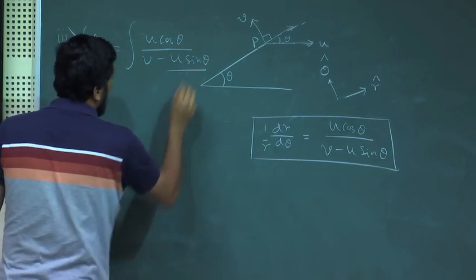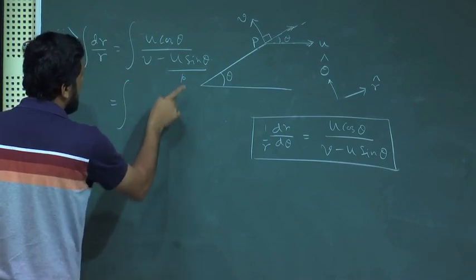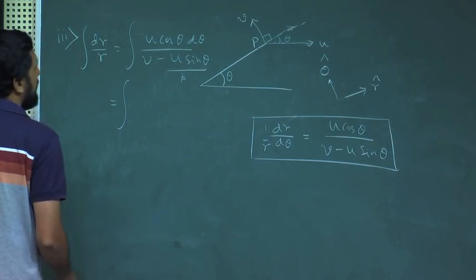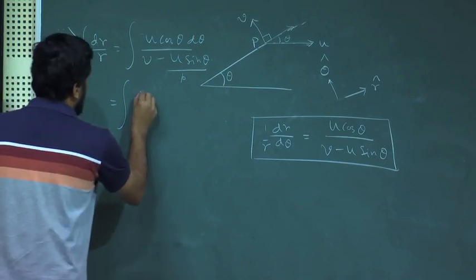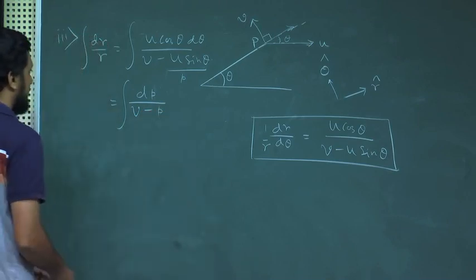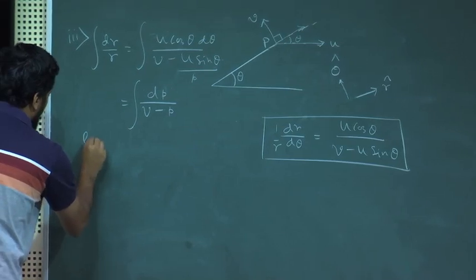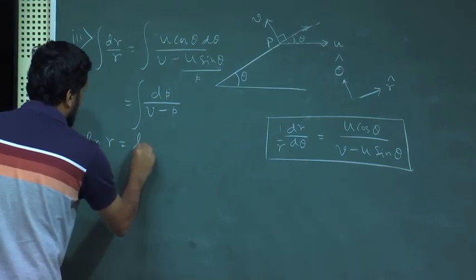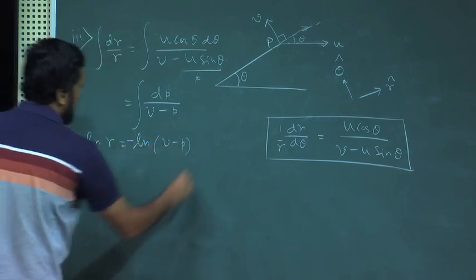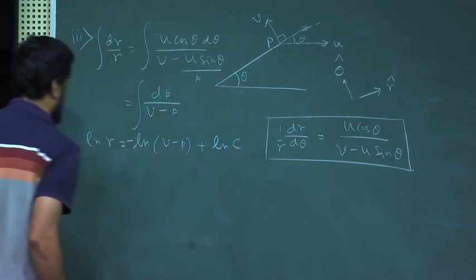So, if you take u sin theta equal to some p, your right hand side becomes dp by v minus p, right. So, if we perform the integration, ln r is equal to ln v minus p, there will be a minus sign coming, plus we have to add a constant here. So, we just take it as ln c.